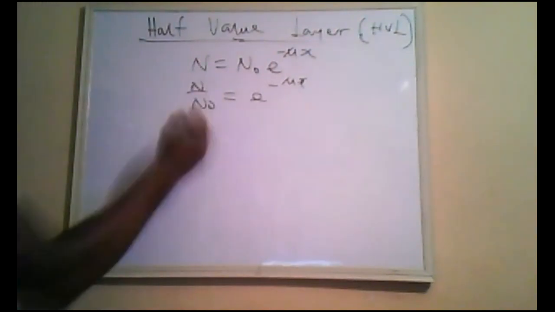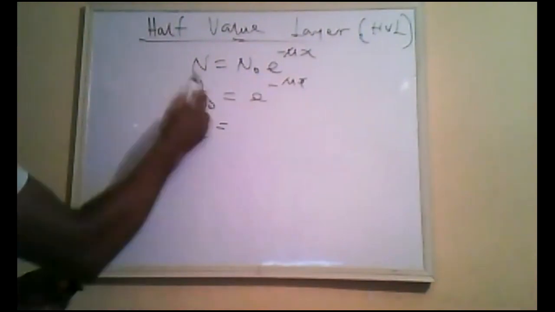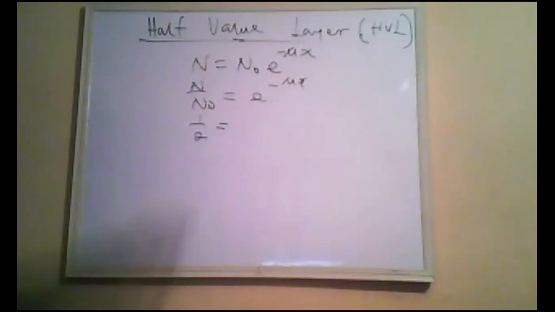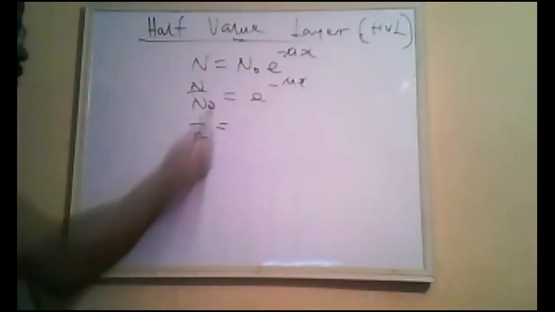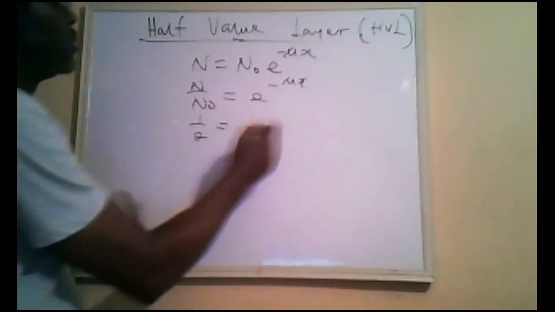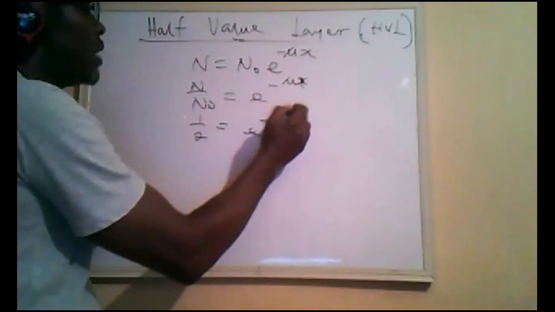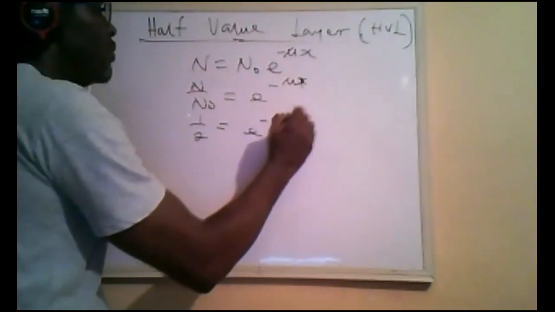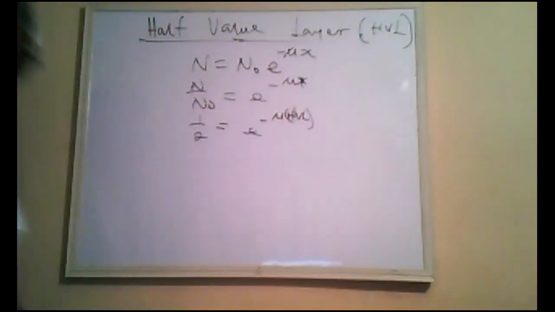This ratio should be 1/2. If you have 50 over 100, that's 1/2; 20 over 40, 1/2. Initially we are starting with 60, but at the end of the day we had 30, 1/2. So this thickness of material is now the HVL.